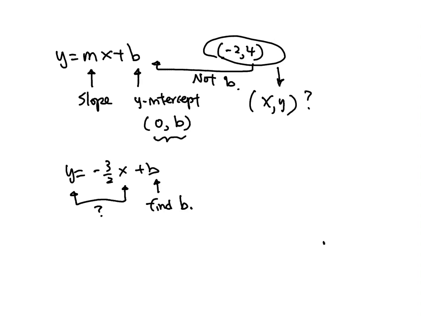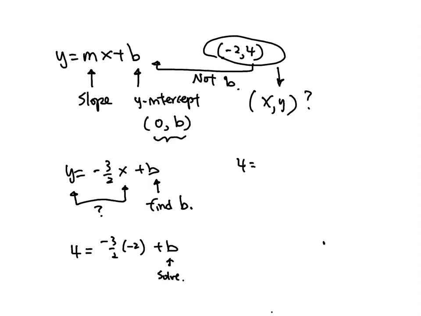So that's what we're going to use. We're going to use -2 and 4. We're going to plug -2 in for x, and then plug in 4 for y. And then from here, we're going to solve for b. So 4 equals -3/2 times -2.